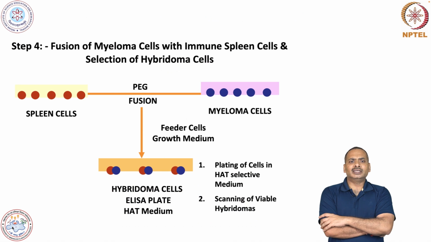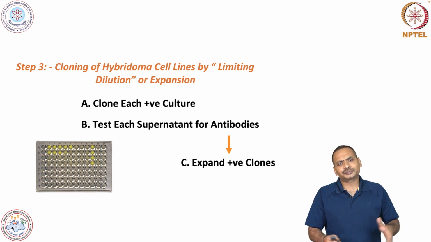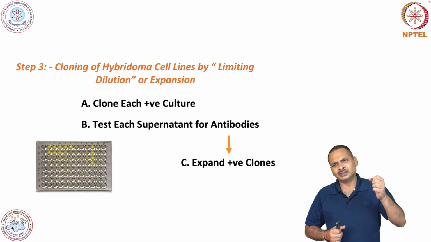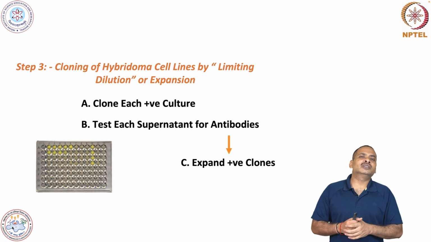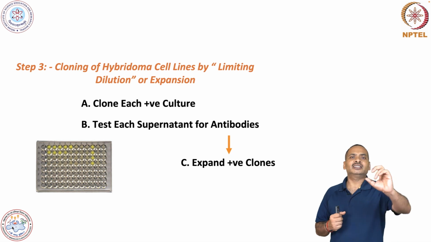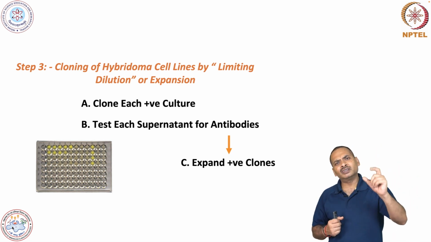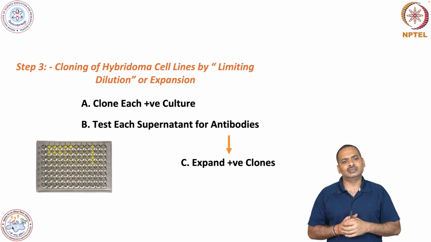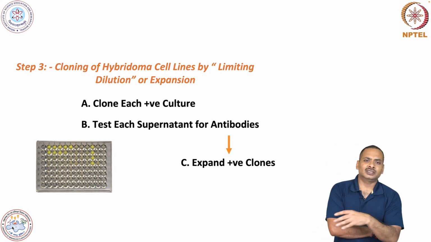Okay, and then what we can do is make a limiting dilution. Basically what we will do, we will make dilution in such a way that each microtiter plate well will contain only one fused cell. Okay, so here you can see that one fused cell will be there.